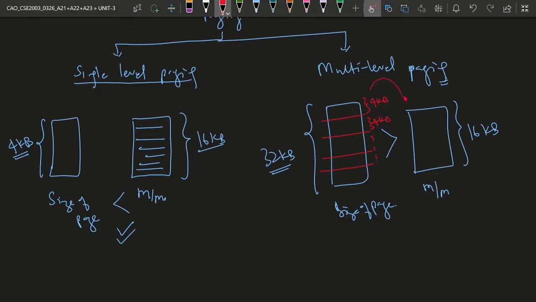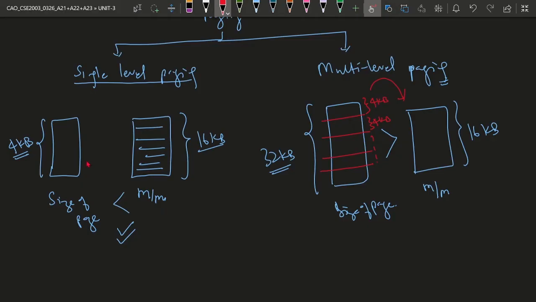Now this can be accommodated here because it is less than 16 KB. So if the size of the page is larger than the main memory, then we divide this page further, and once we divide it, we can store it in the main memory. This dividing of the page into smaller pages is considered multi-level paging.